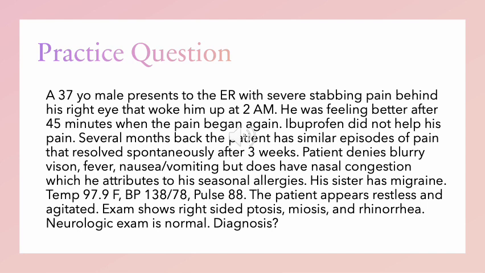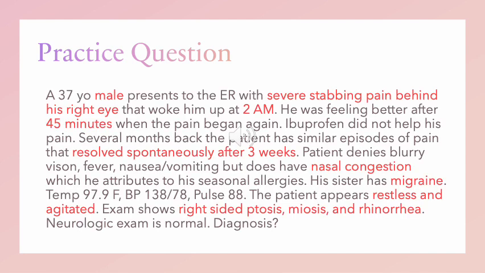The patient denies blurry vision, fever, nausea, vomiting, but does have nasal congestion, which he attributes to his seasonal allergies. His sister has migraine. Vitals are all normal. The patient appears restless and agitated. On exam, you see ptosis, miosis, and rhinorrhea with a normal neurological exam. What would you think of?